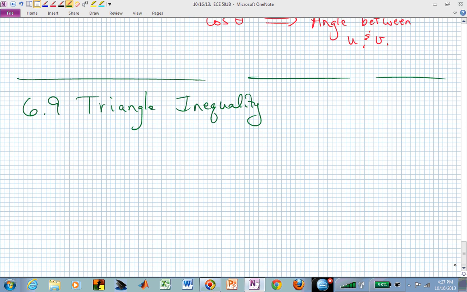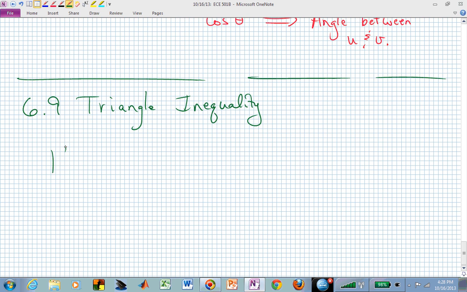If you get confused with all of these terms and definitions, just think of a triangle and say the sum of the lengths of any two sides has to exceed the length of the third side. That's really all we're saying here, but now we're generalizing it to any finite dimension, and not just triangles.